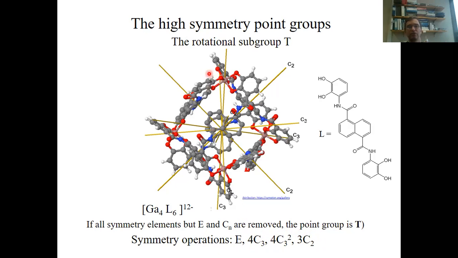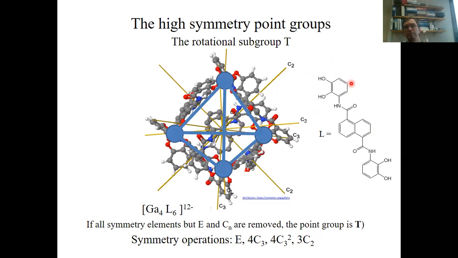An example for this is this cage molecule here. This cage molecule has 4 gallium atoms that build a tetrahedron. If you considered the arrangement of the gallium atoms only, the point group would be Td because we have a regular tetrahedron. However, these gallium centers are now linked by 6 of these ligands here.